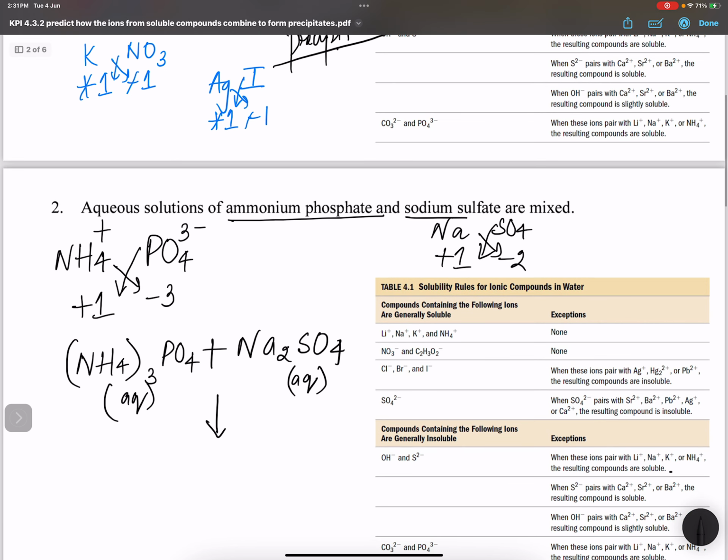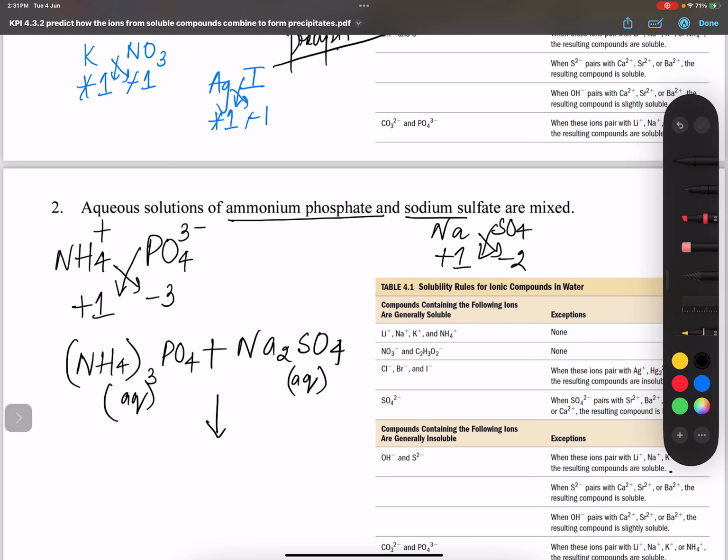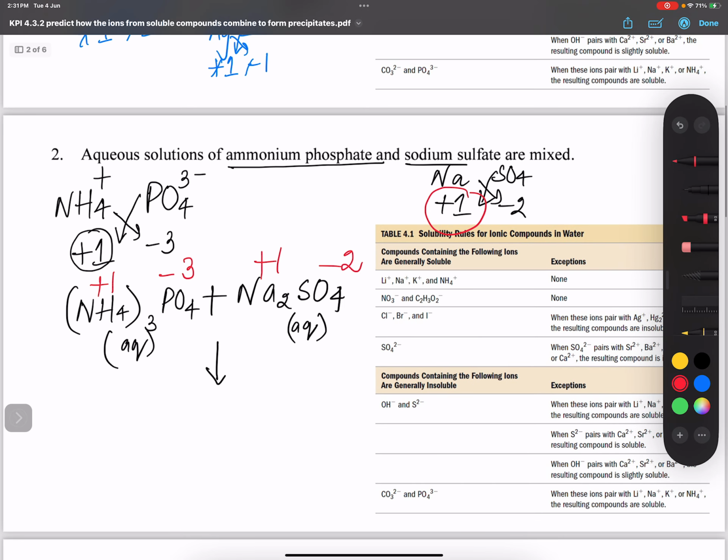So again, assign them the charges. You already saw ammonium has charge of +1, phosphate has -3, sodium has +1, sulfate has -2. I would suggest you assign them the correct charges from the beginning itself so that you don't have to struggle, and then switch the ions, the negative and the positive.